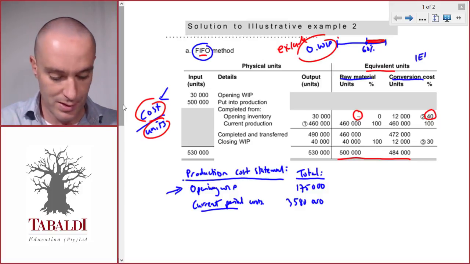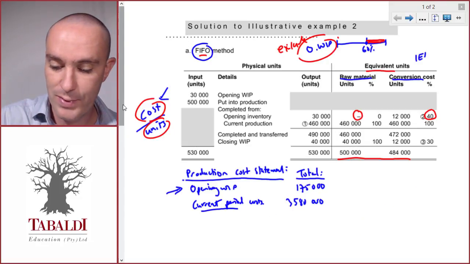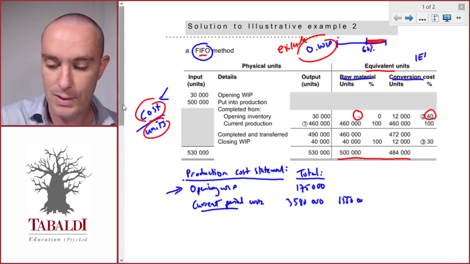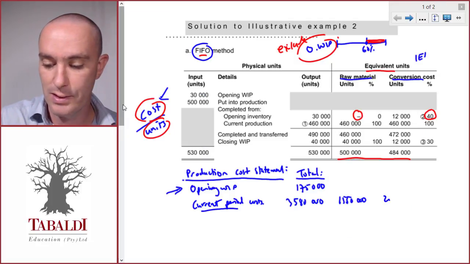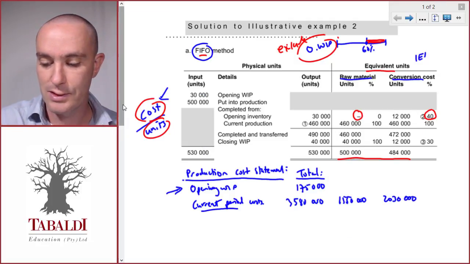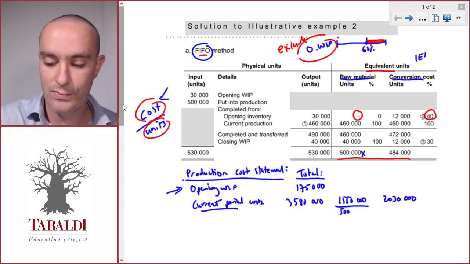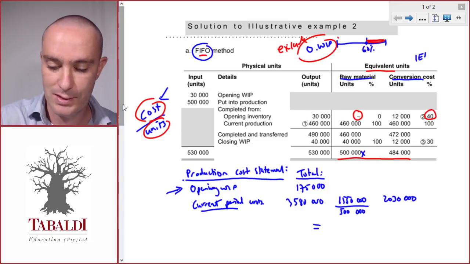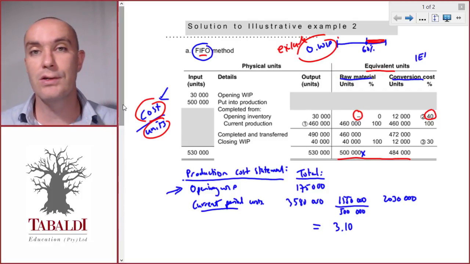So the current period cost for material, that was 1.55 million. And for conversion costs, that was 2.03 million. So that's the costs above the line, and then we can divide it by the equivalent units. So 500,000 for material, which will give us R3.10 per unit.